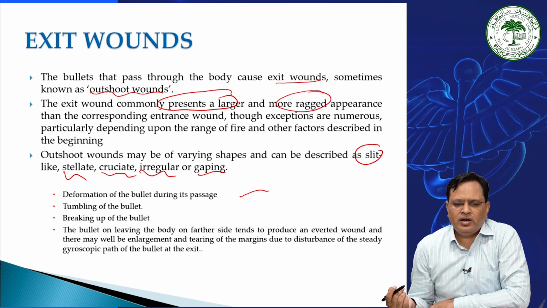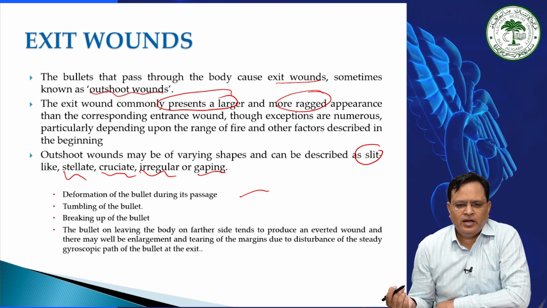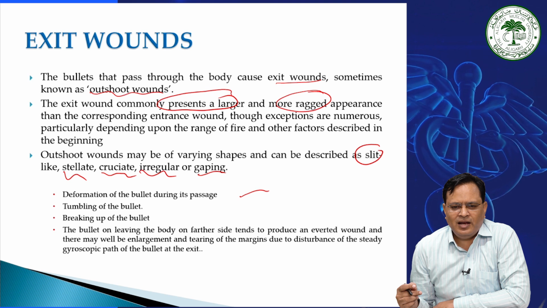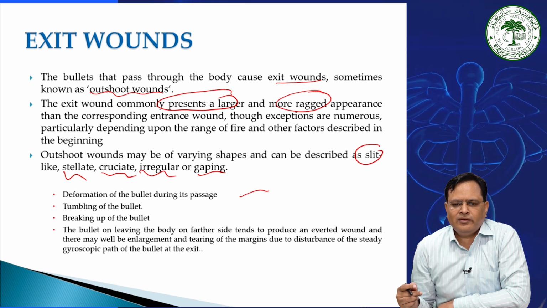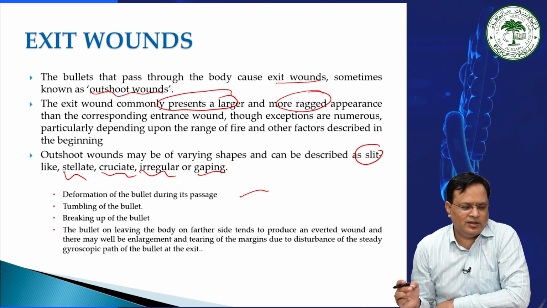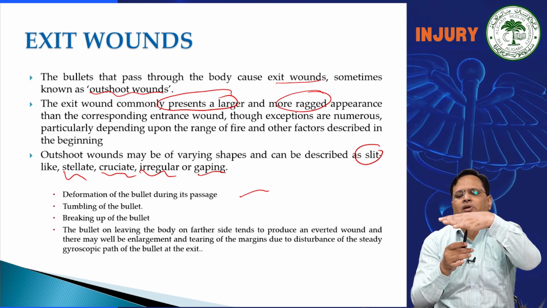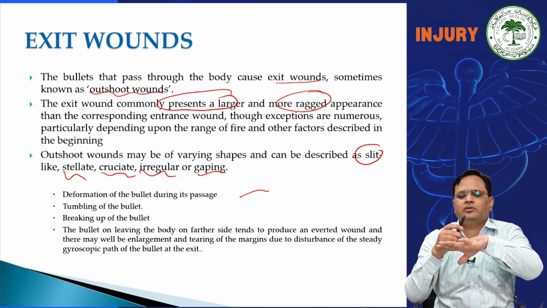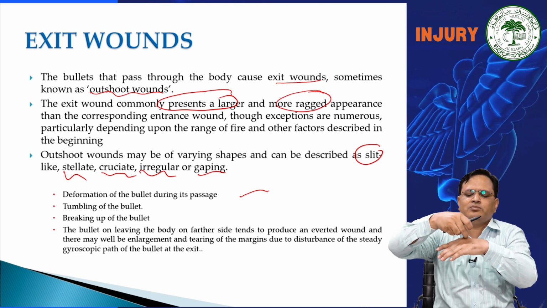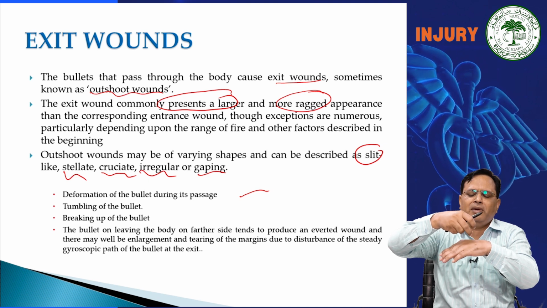A bullet on leaving the body on the further side tends to produce an everted wound, and there may be enlargement and tearing of the margin due to disturbance of the steady gyroscopic path of the bullet. Suppose the bullet is coming and is trying to come out. Now the skin is being pulled up and a tear is being made.